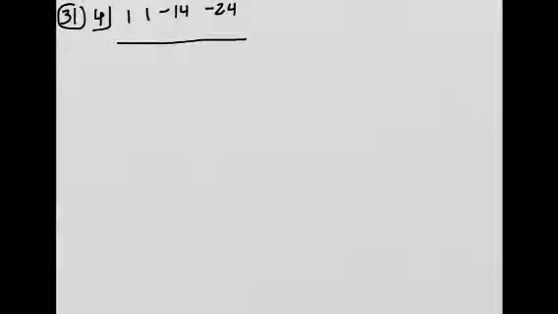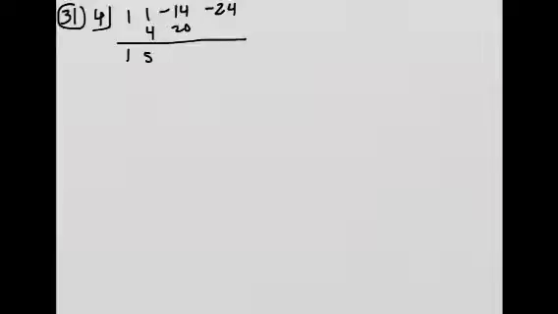Alright, 31. It says if x minus 4 is a factor, so we're gonna try it out and see, because it says if. So we'll check it out by putting the 4 here and then using synthetic division. So I'm bringing down the 1. 5 times 4, 20.